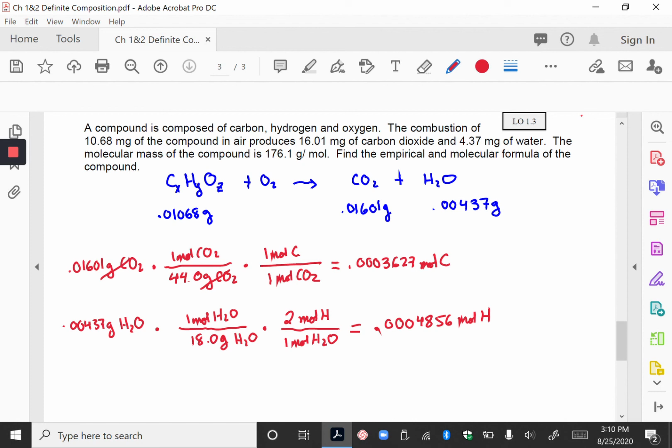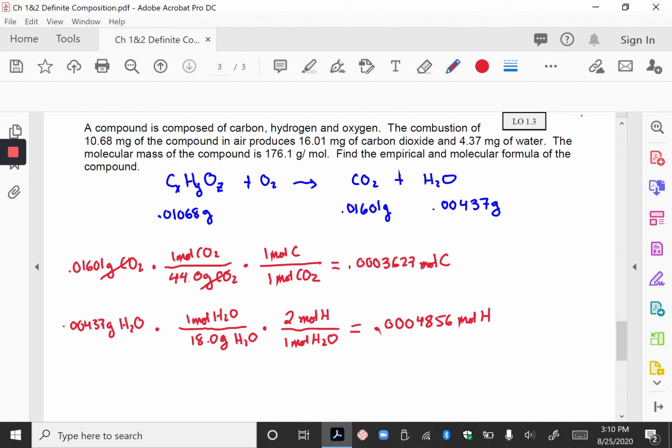I am given the products, but the problem is, if I try to find how much oxygen is in this and how much oxygen is in this and add them together, that's not going to give me just the oxygen that's here. It's going to give me the oxygen that's here plus the oxygen that's here, right? I'm adding excess oxygen there. So this is not really going to help me.